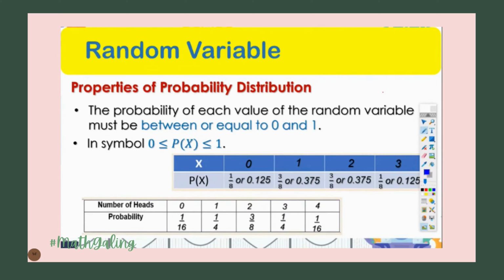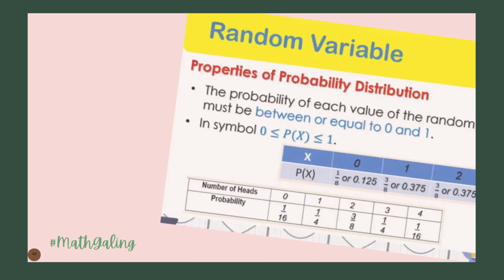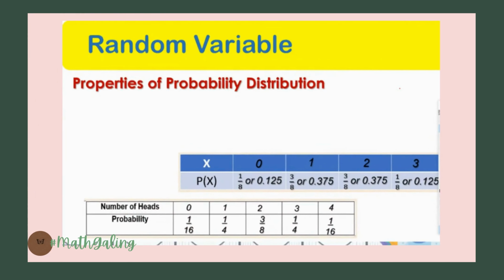In symbol, we write it in this way. So we have to satisfy the first property. What's the first property again? The probability must be either 0 or in between 0 and 1. What else?